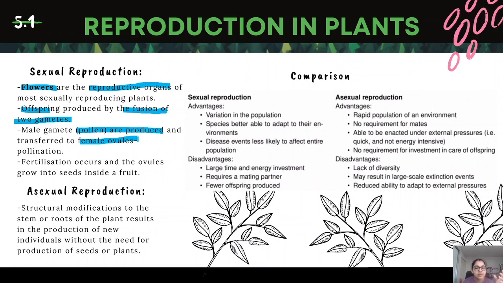Now, asexual reproduction, on the other hand, is when we are modifying parts of the plant, like taking its stem or its root, and growing it out again, and that will lead to the production of a new individual without the need for seeds.